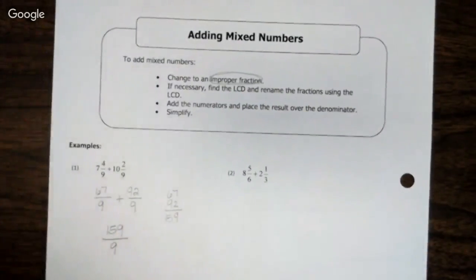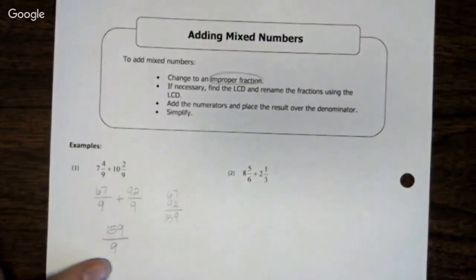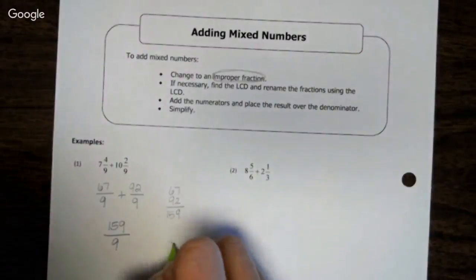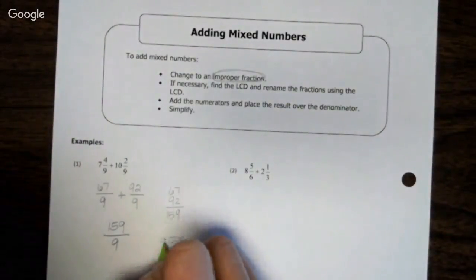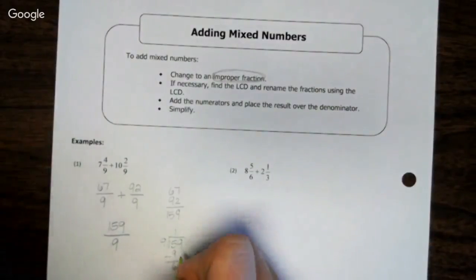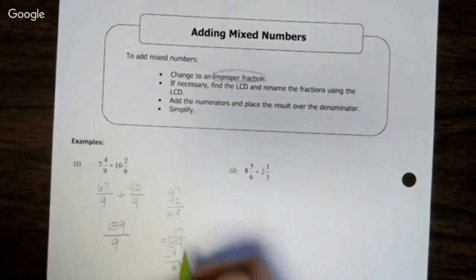159 over 9. Now we're going to change that back into a whole number. So 9 goes into 159 how many times? So if we do the long division, 159 divided by 9 goes in once, goes in 7 times.